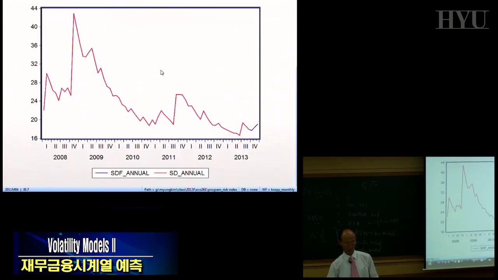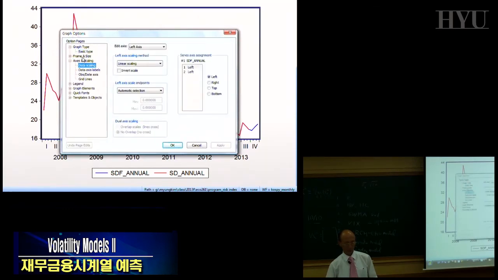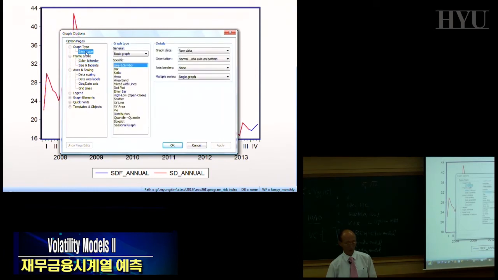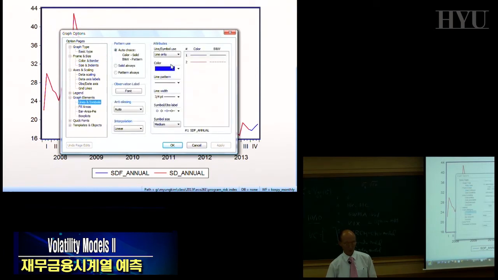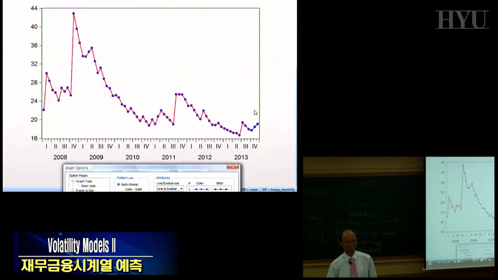So these are the periods. Let's see. Graph element. So these three are forecasts, right?